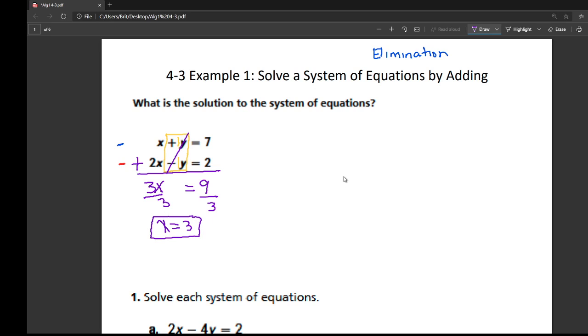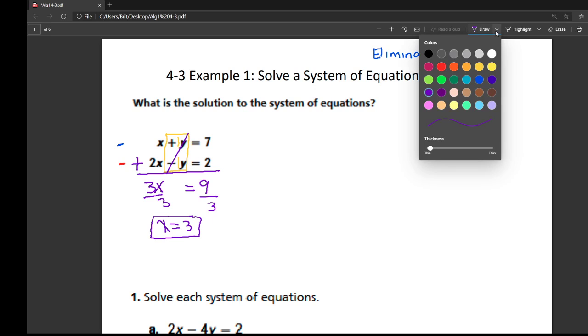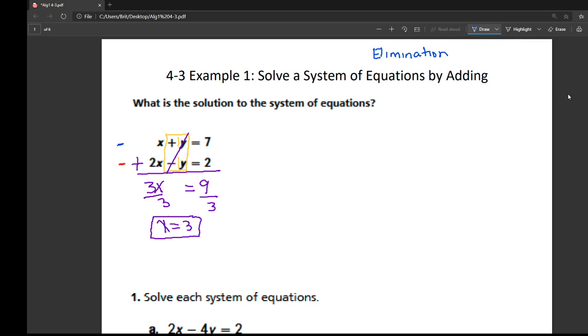And of course, now that I know what x is, I can go back to either equation, and I can use that x value to solve for y. So I'm actually going to go back to the blue equation, this first equation, just because it has fewer coefficients. So where the x is, I'm substituting in the 3.